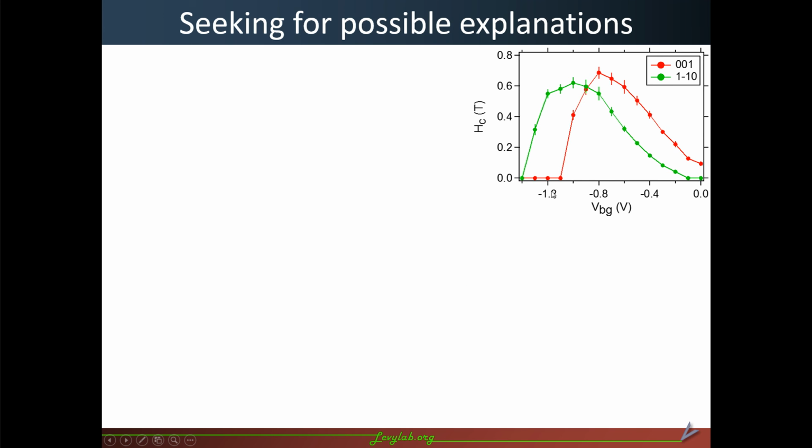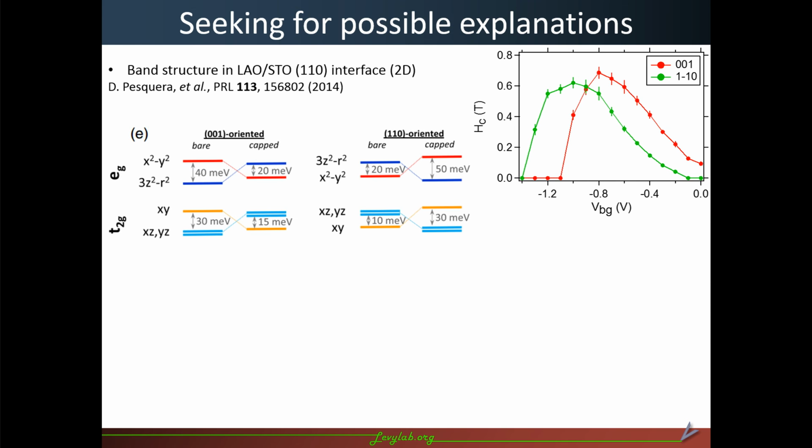Here we are plotting the upper critical field as a function of backgate voltage. But we are studying the 110-oriented LaAlO3 interface, so the band structure can be different, as calculated in this PRL paper. For the 110-oriented LaAlO3 interface, the dxz-dyz band is the lowest band, but the dxy band is the lowest band for the 001 interface.